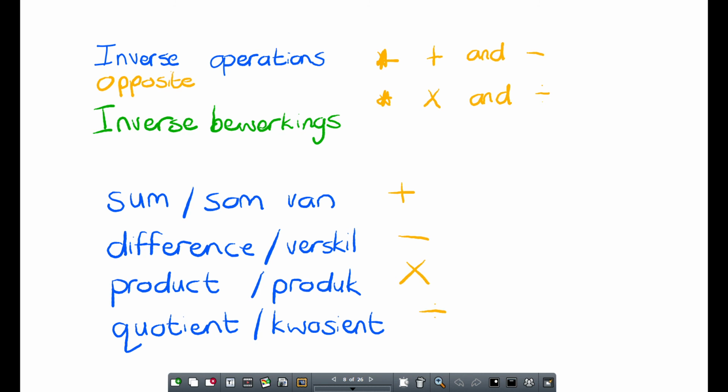Now, just wording, because you're going to need that in the homework. The sum of means that we are going to add. Then, when they say the difference between the first and the second term, the word difference means that we have got to subtract or minus. When they say the product of term 1 and term 2, it means we have got to multiply.